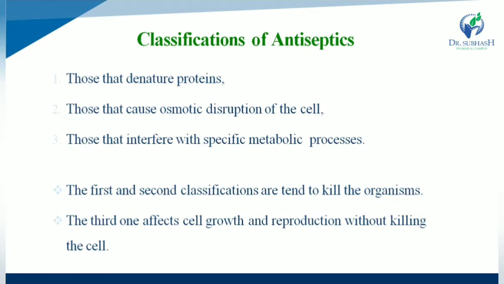The first and second classification, those that denature protein as well as those that cause the osmotic breakdown of the cell, tend to kill the microorganism, while the third class interferes with metabolic process, which may affect cell growth as well as reproduction without killing the cell.